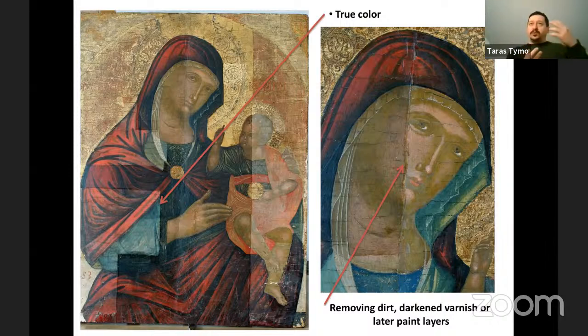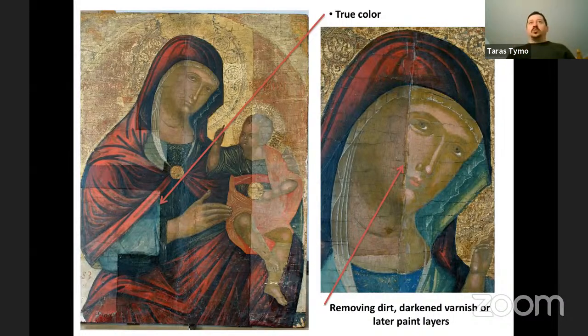factor that contributes to darkening is that some pigments with time, especially if they are mixed with other pigments that are underneath, create a chemical reaction that can result either in darkening or in a radical change of color.